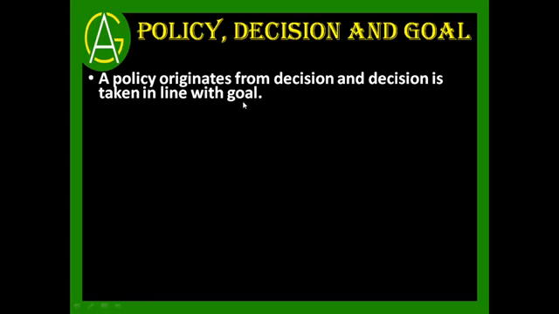Say for example, government has set a goal of increase in industrial production by 10% in the year 2021. So this is considered as a goal of increasing industrial production by 10% in 2021. Now in order to achieve this goal, government needs to take several kinds of decisions.